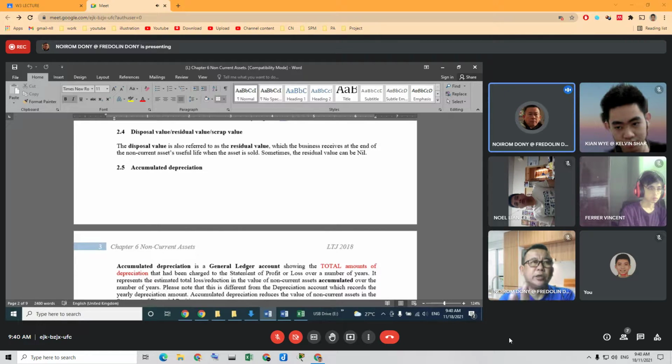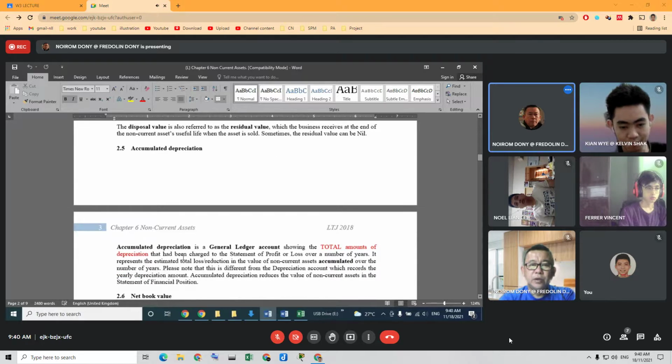Accumulated means we add all the depreciation we have allocated, isn't it? That is being charged to the statement of profit or loss over a number of years. So those are the keywords. It represents the total loss, the total reduction in the value of the non-current asset accumulated over a number of years.